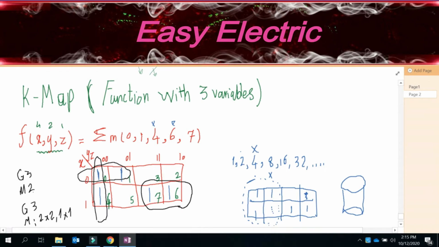Why? Because the members inside the group should be the maximum. So this is the right choice. This one is not leading you to the simplest form because here one of those groups has 1 member, okay? But here all 3 have 2 members, okay? So all the time, this is a rule. The minimum number of groups and their members should be maximum, okay?